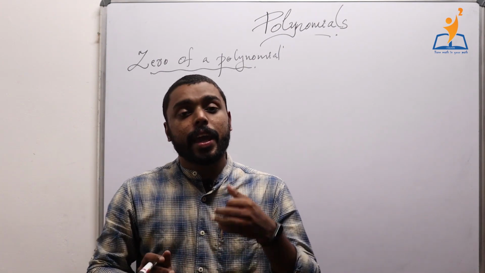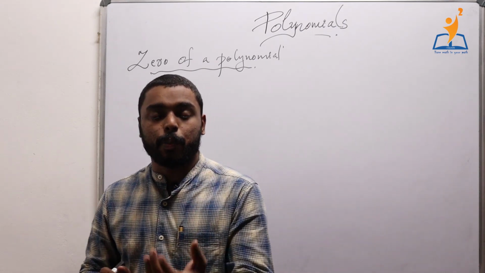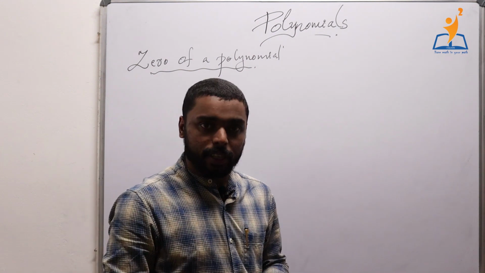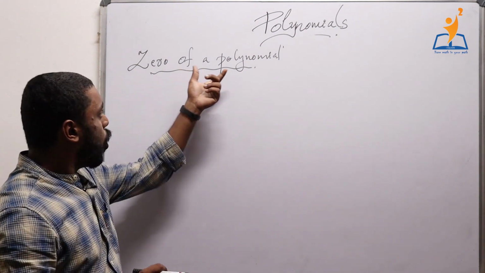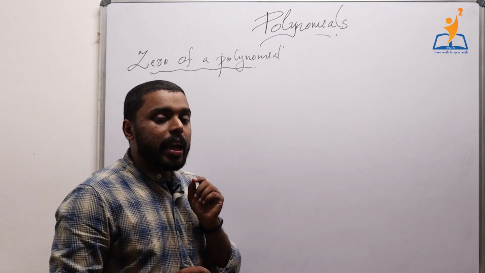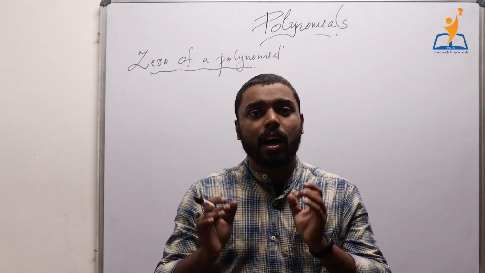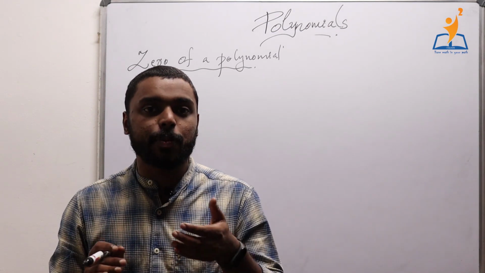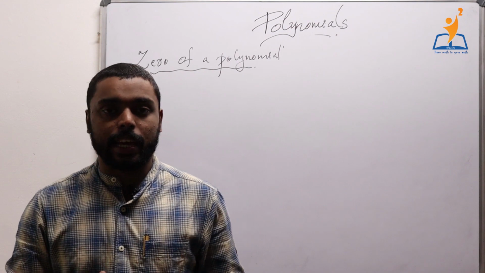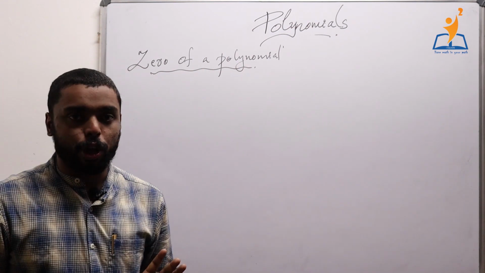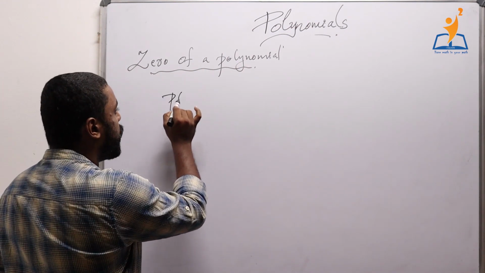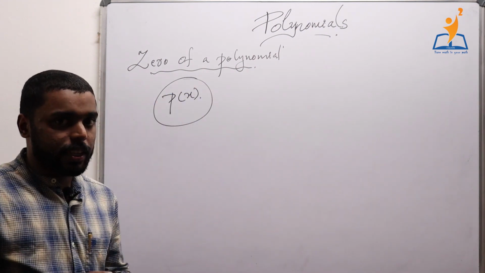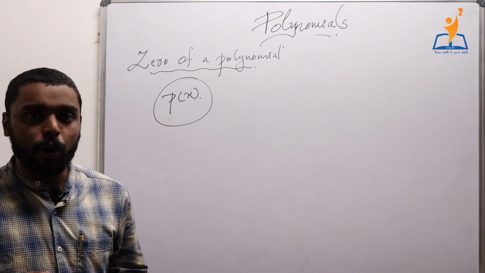We said that for any polynomial whose algebraic expression is given, we can find the value of the polynomial at any point. Clear? Now, the 0 of a polynomial. If a real number, when substituted, gives the algebraic expression equal to 0, then we can say it is a 0 of the polynomial. Let's suppose that p of x is our polynomial.